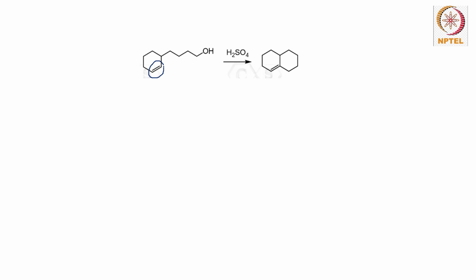In most cases of substitution, we are giving a nucleophile which usually substitutes our leaving group. But here no nucleophile has been entered. So how can you determine whether it is substitution or elimination? But here there is a double bond. So in this case, this double bond acts as a nucleophile. This double bond itself acts as a nucleophile.